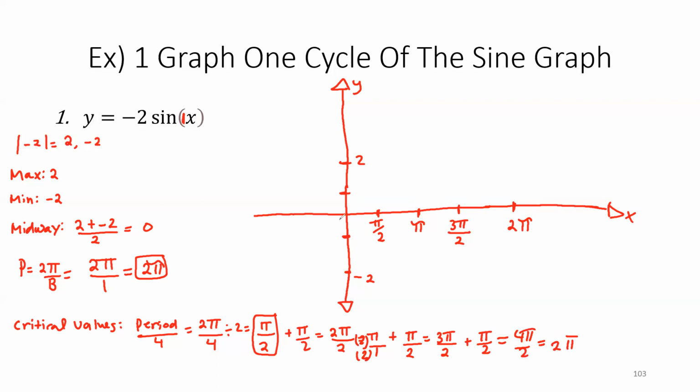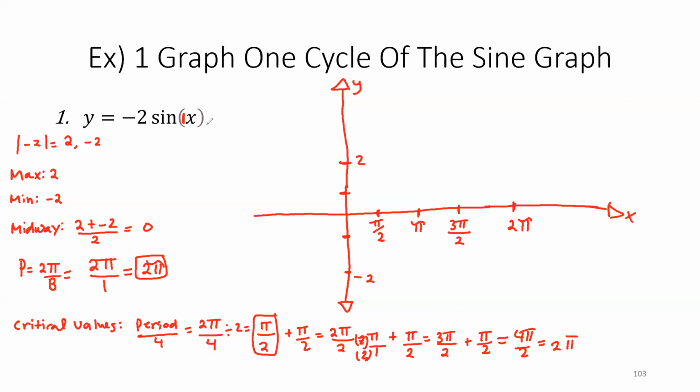Usually if you look at the parent graph, the sine graph, it starts at the origin. But I'm not sure because there is a -2, so that means there's a reflection. If you're not sure, what you could do is plug in 2 points. That's it. Because after that, it's a cycle. It's either going to go max, midway, or min, right?